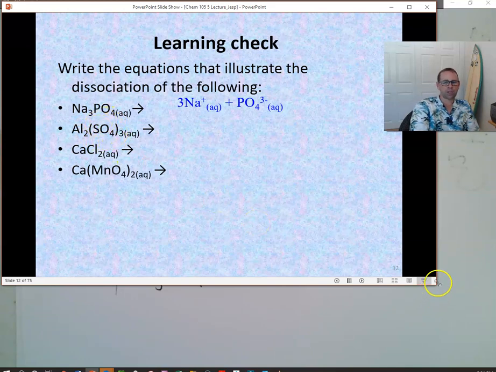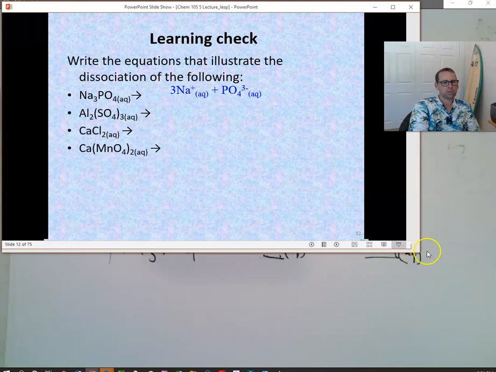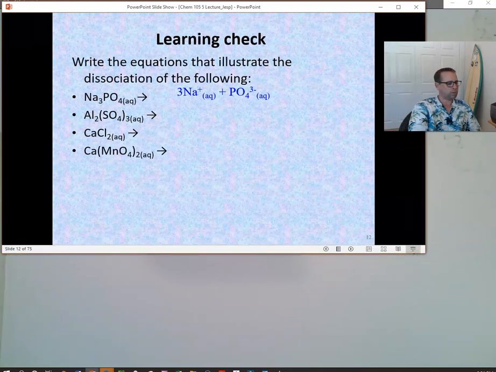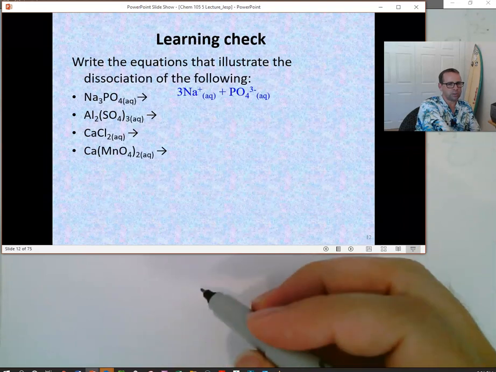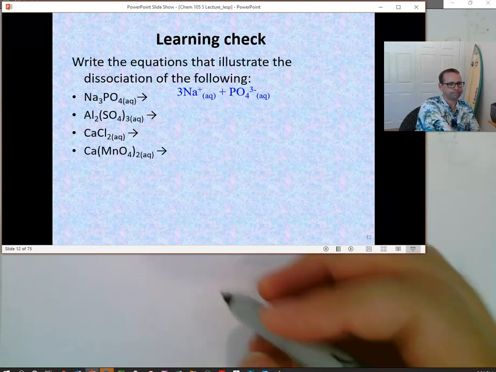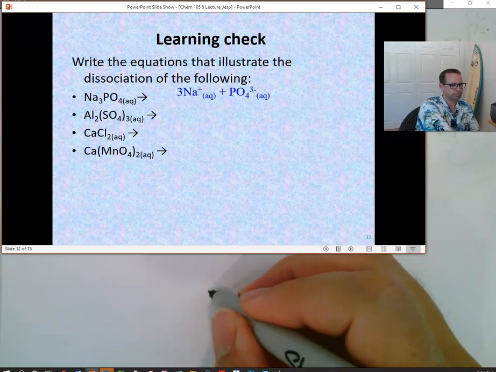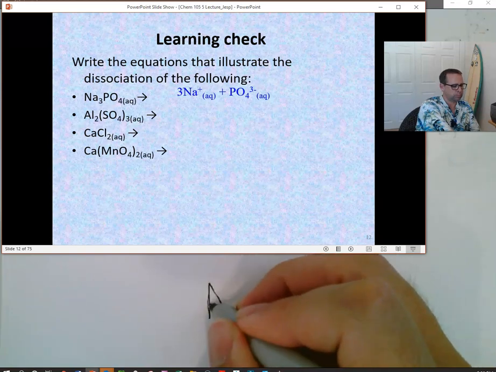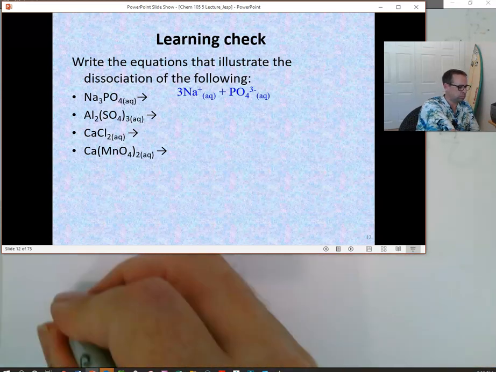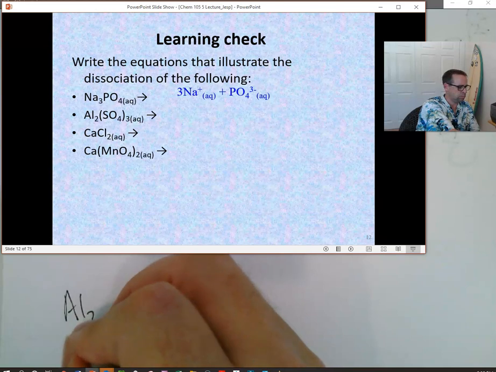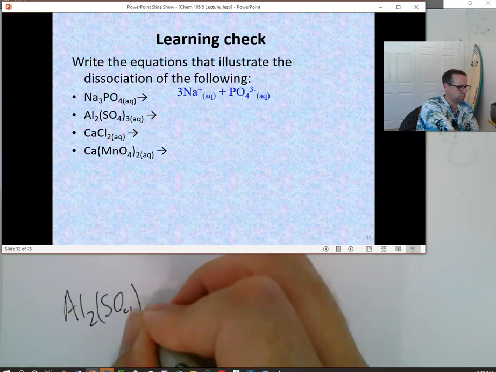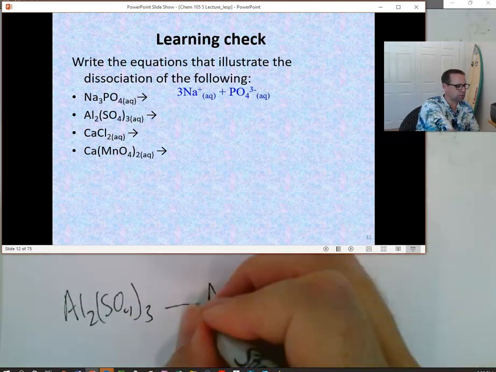Very good. So let's write the ions that will result when aluminum sulfate is placed into water. What are the ions that will result?